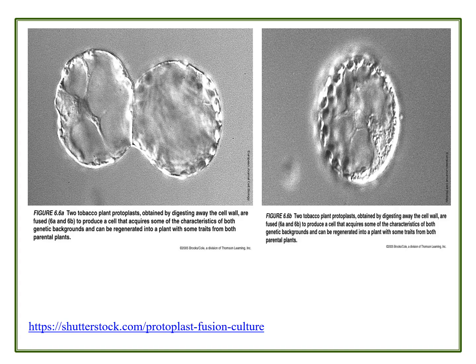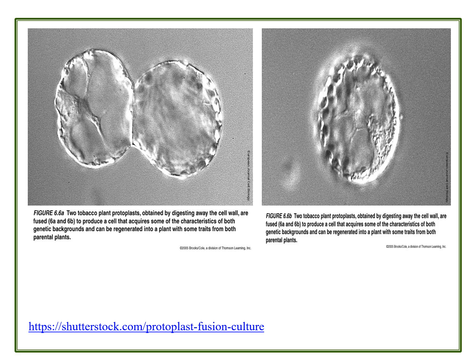These are the images taken of tobacco plant protoplasts obtained by digesting away the cell wall, which are fused to produce a cell that acquired some of the characteristics of both genetic backgrounds and can be regenerated into a plant with some traits from both the parental plants.